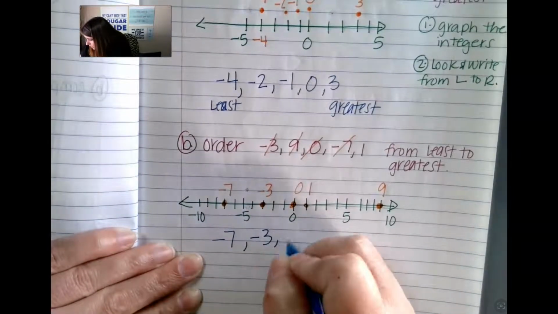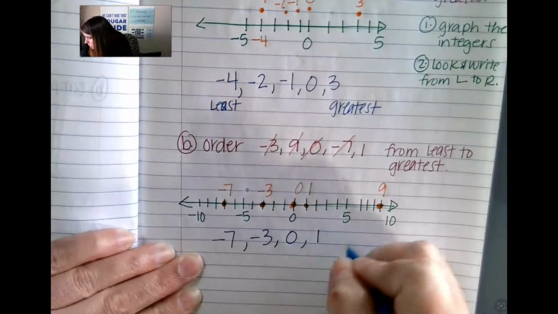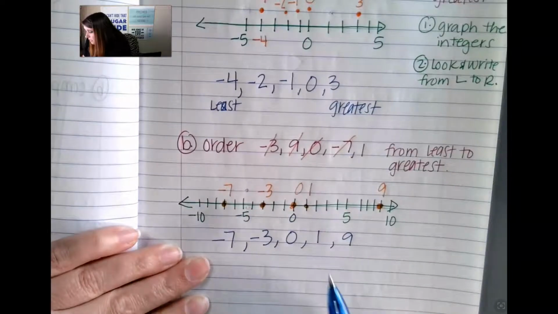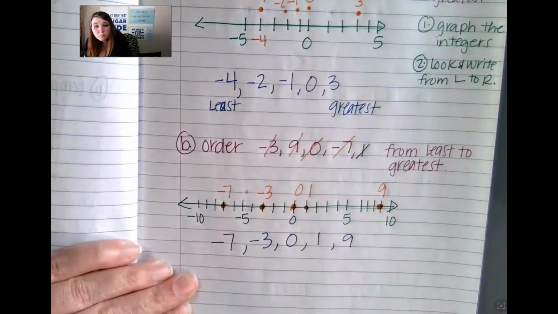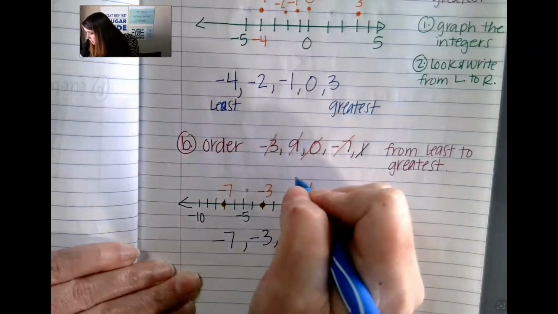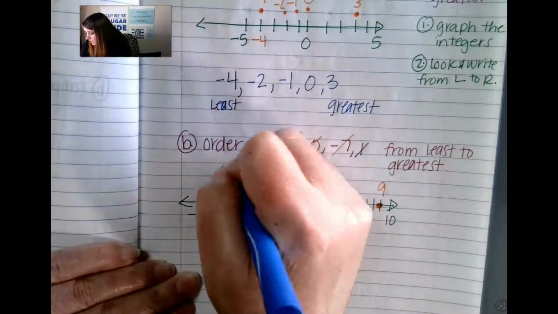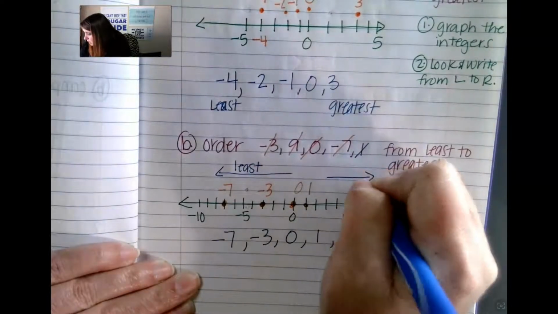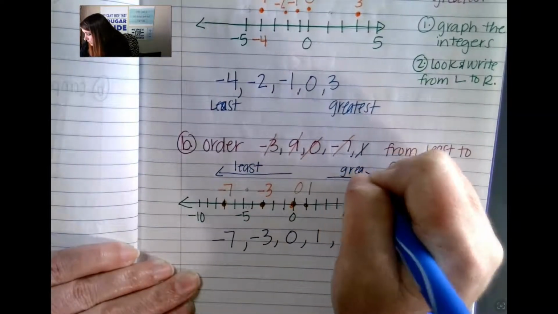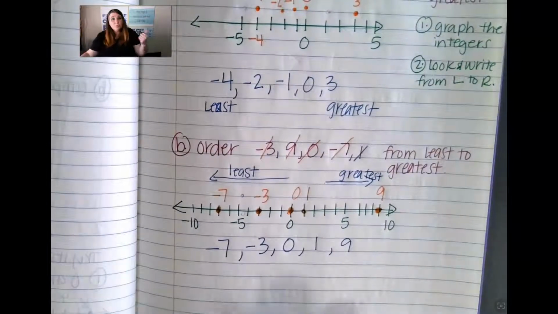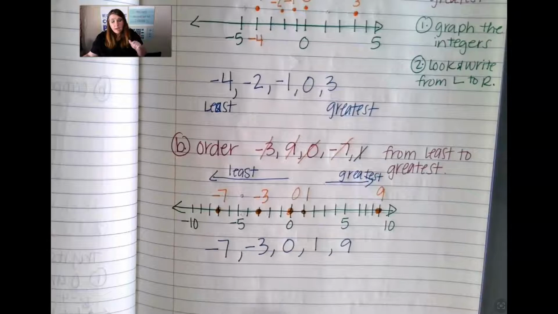Negative 3, 0, 1, and then 9. So remember that when you are on the left, these ones are least, those are greatest. So greatest is to the right, least is to the left with an L.